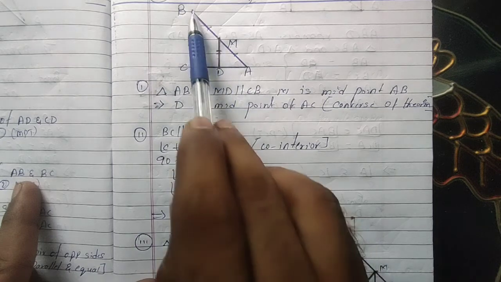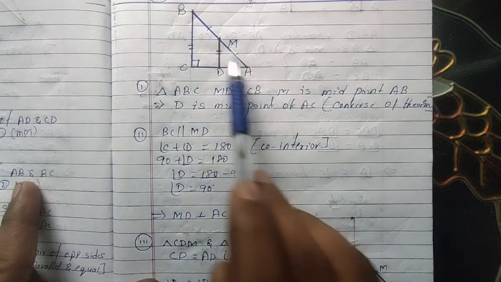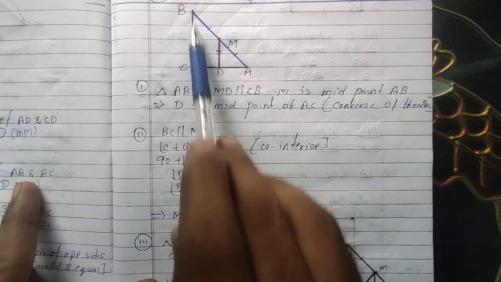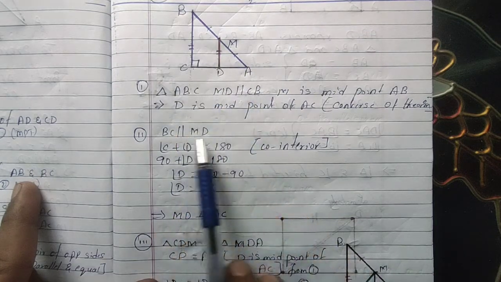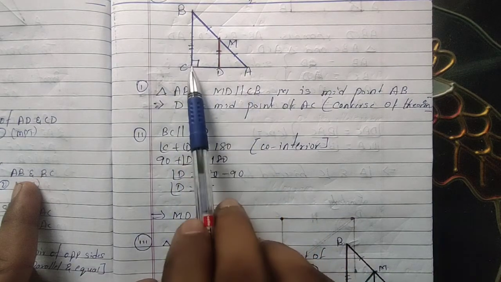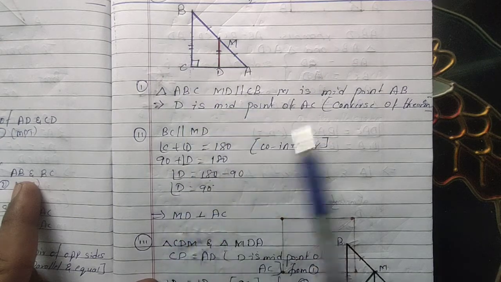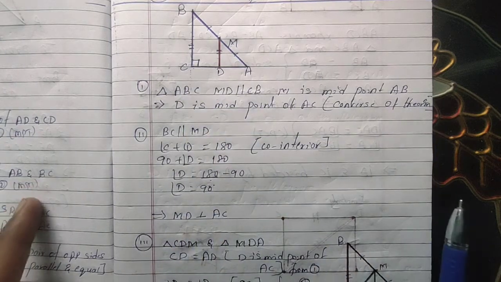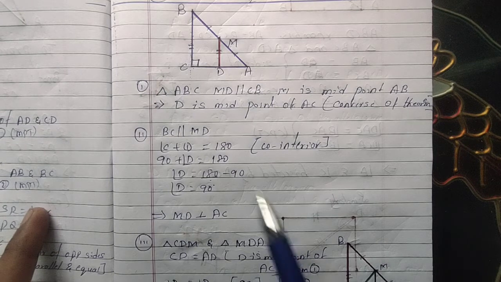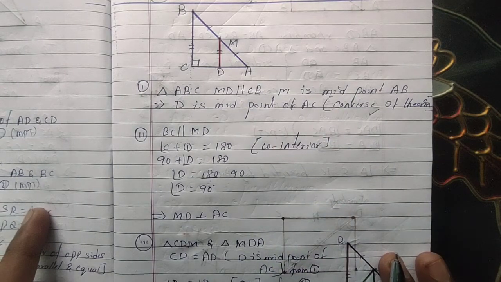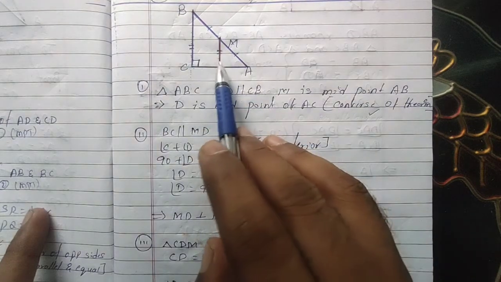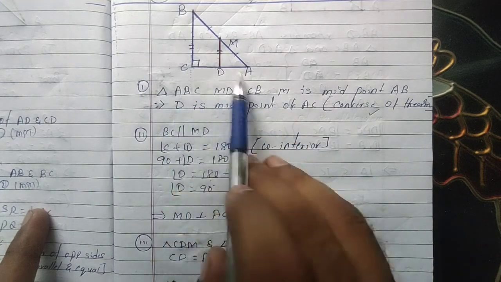Therefore, M is a midpoint of AB. MD is parallel to BC. Therefore, MD bisects the AC. Therefore, D will be midpoint of AC. I use the converse of the midpoint theorem. So first question finished.